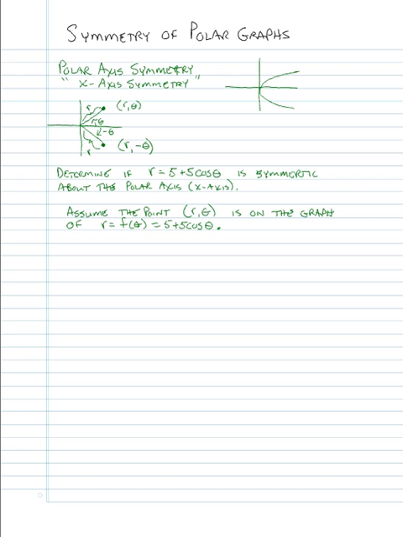That's what it means for r comma theta to be on the graph. Now, what we want to know then, if that point is on the graph, is that we must show that r comma theta being on the graph implies r comma negative theta is also on the graph.